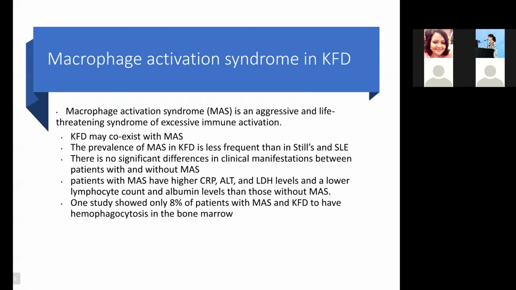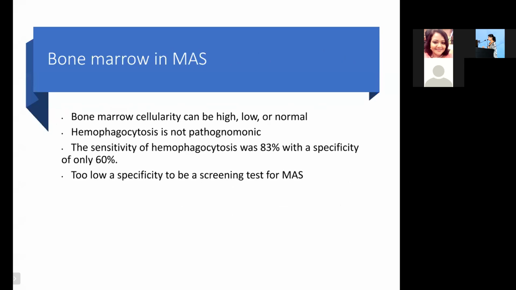Patients with macrophage activation syndrome have higher CRP, ALT, and high LDH level, noted in one study. And another study showed only 8% of patients with macrophage activation syndrome along with Kikuchi's disease to have hemophagocytosis in the bone marrow. Talking about the bone marrow in macrophage activation syndrome, bone marrow cellularity can be high, low, or normal, and hemophagocytosis is not pathognomonic.